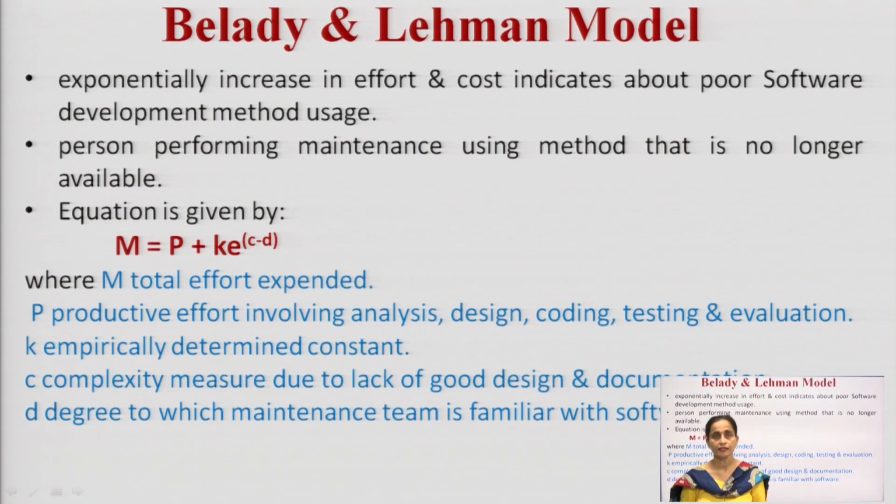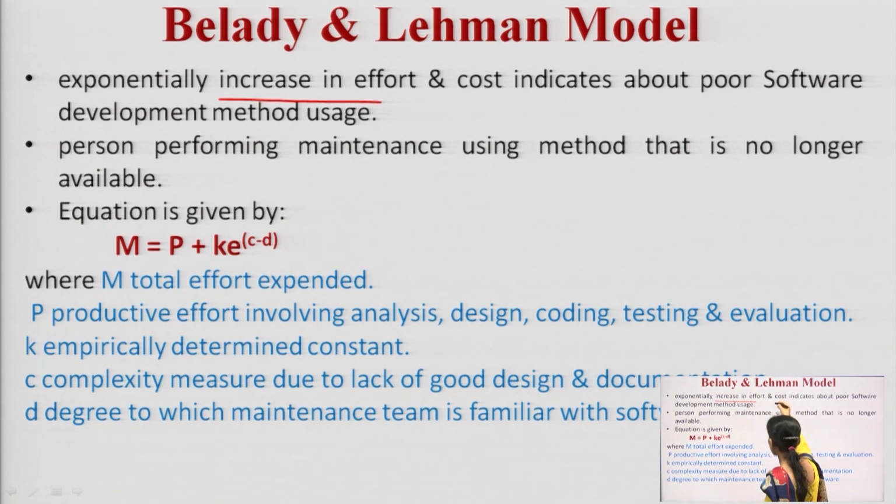Then the next model is the Belady and Lehman model. This model was proposed by Belady and Lehman. It tells that there is an exponential increase while calculating the effort and cost. When the effort and cost keep increasing like this, it means we are following a poor software design, which should be changed.